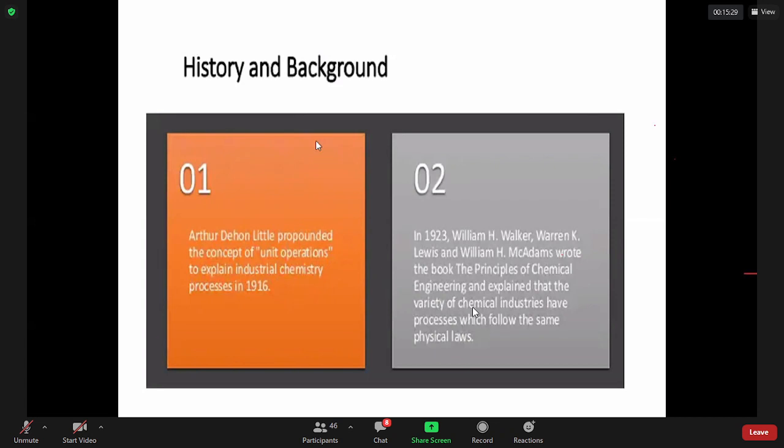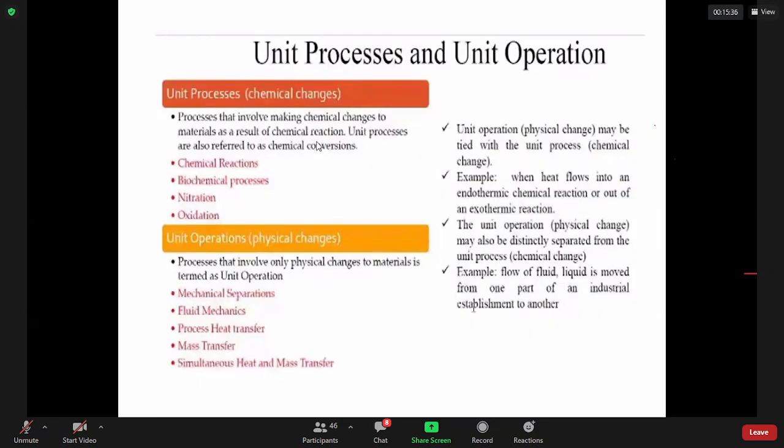Now, what is the difference between a unit process and a unit operation? A unit operation is a physical change, while a unit process is a chemical change. So we have chemical conversions in unit processes like chemical reactions, biochemical processes.